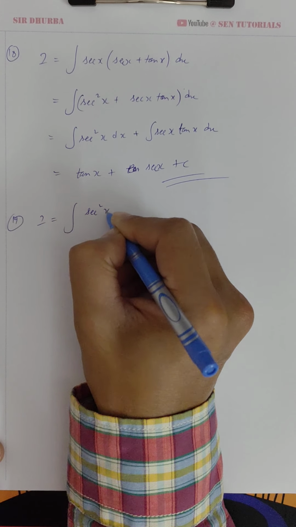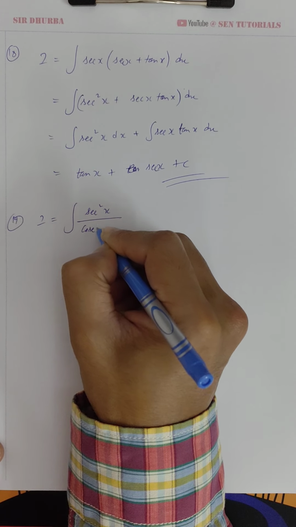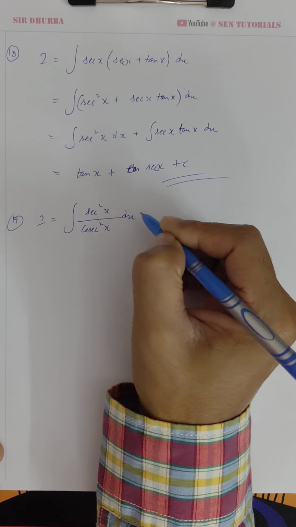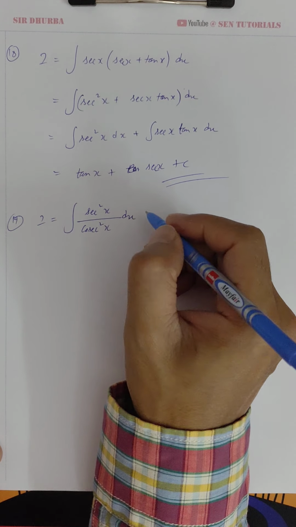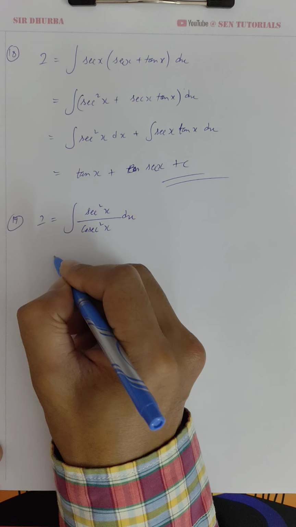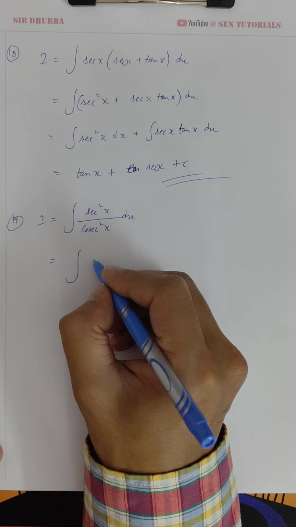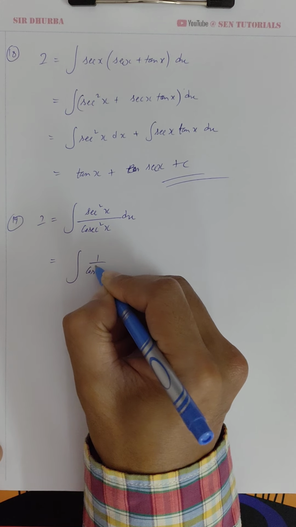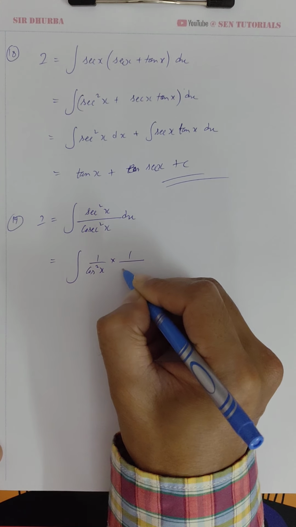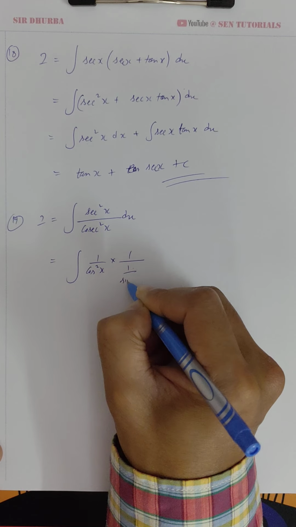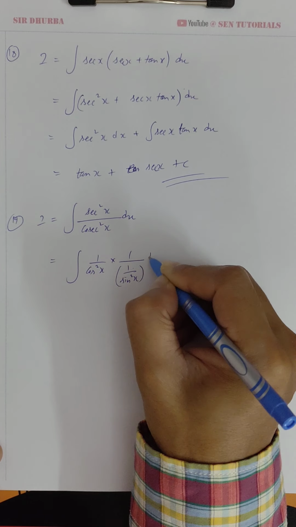Integration of sec square x by cosec square x. Integration of sec square x is 1 by cos square x into cosec square is 1 by sine square x.